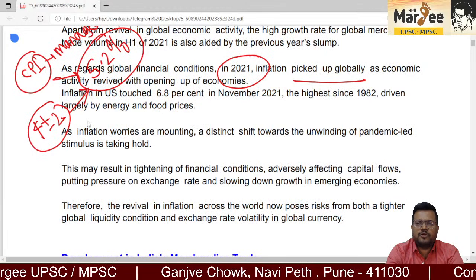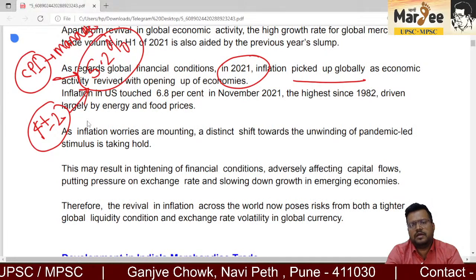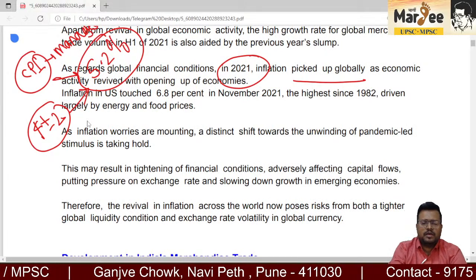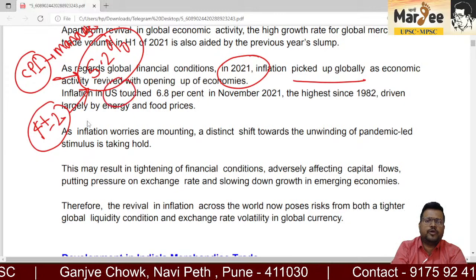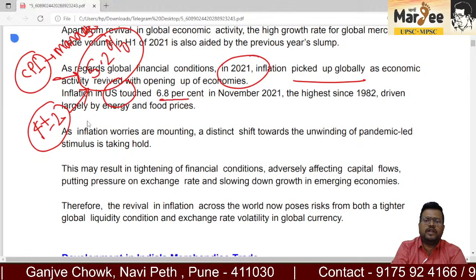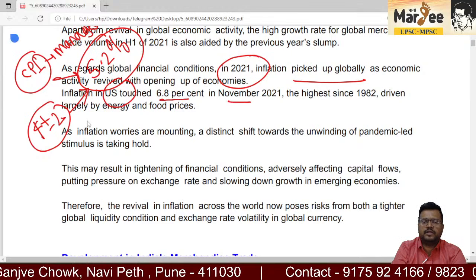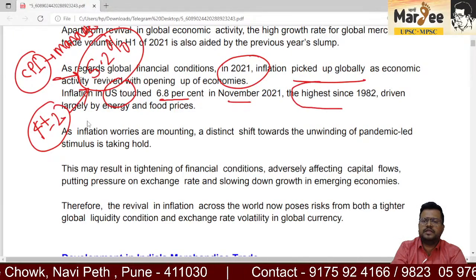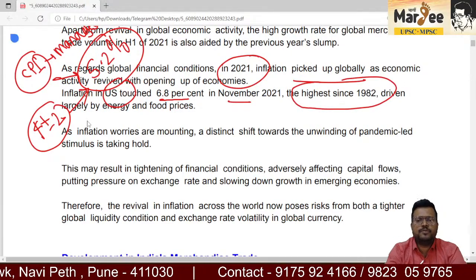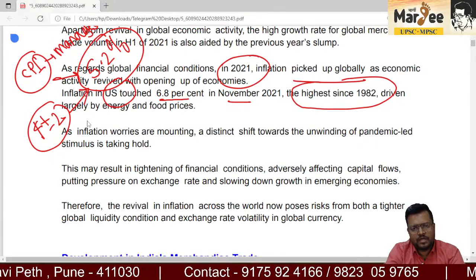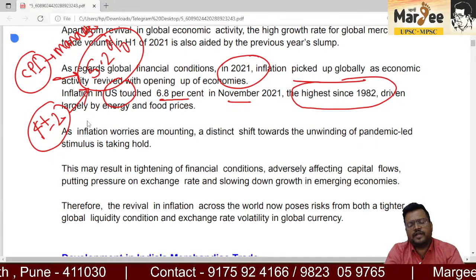In the context of the world economy, inflation is on the rise. If you consider the example of the USA, inflation was 6.8% in November 2021, which is the highest since 1982. 1982 नंतर US मध्ये 6.8% जे इन्फ्लेशन विटनेस झालं नोव्हेंबर 2021 मध्ये.